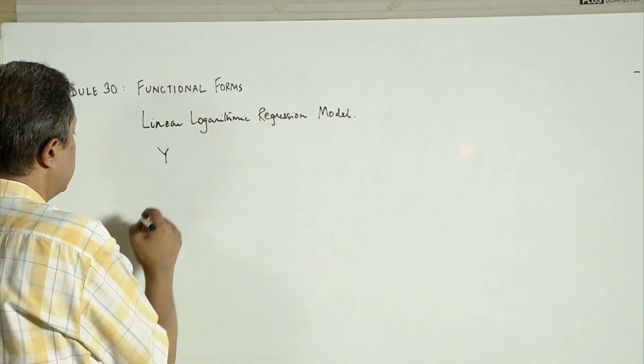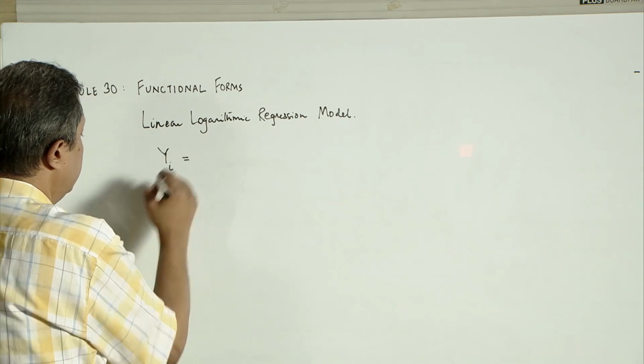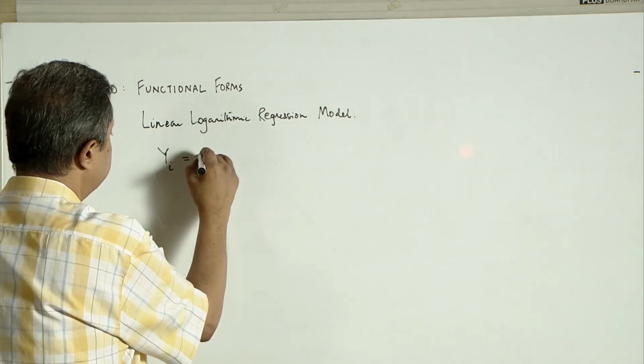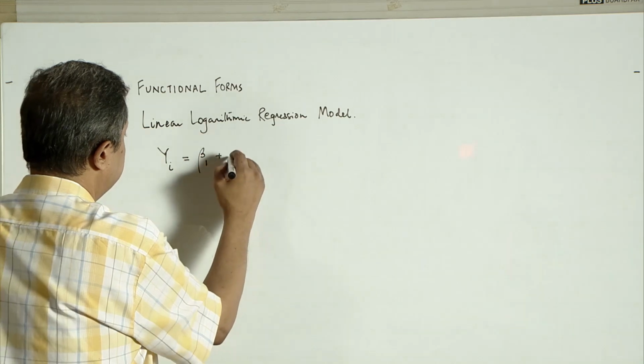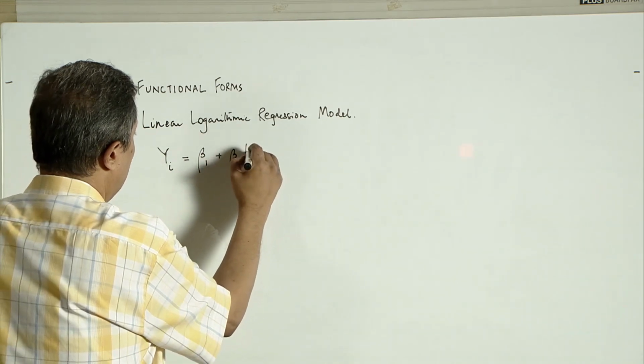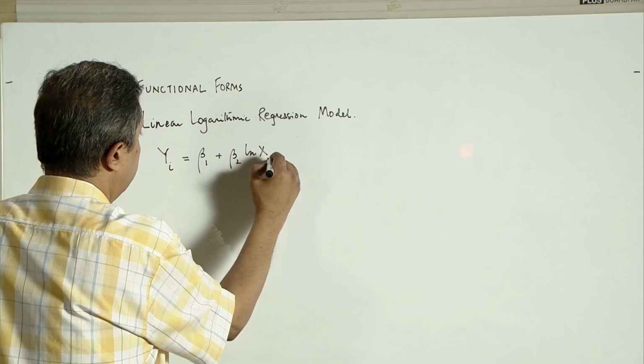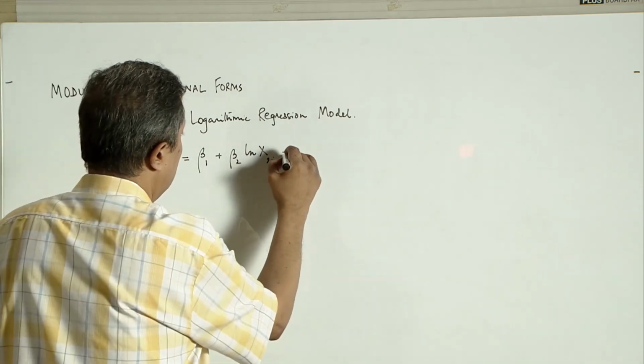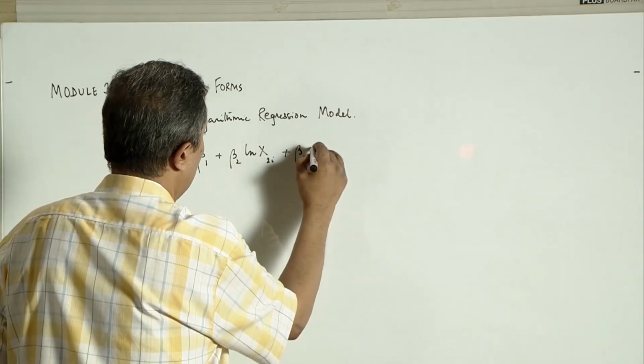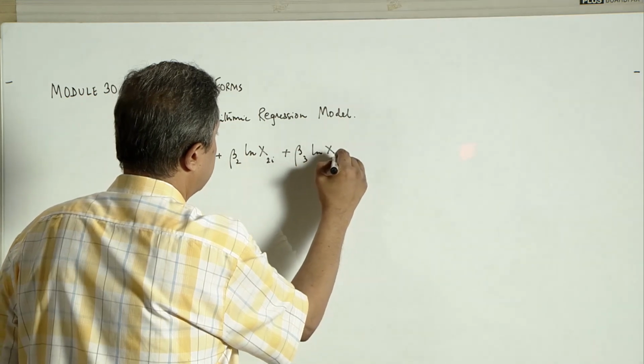An example is y is regressed on log of x2 and log of x3.